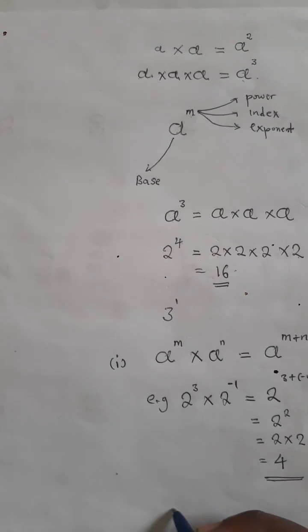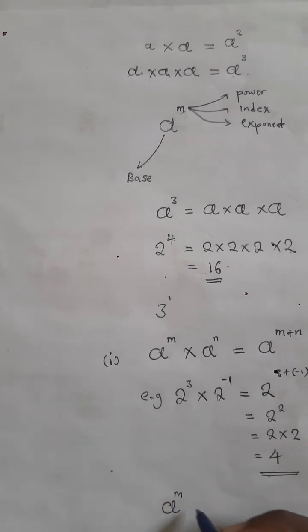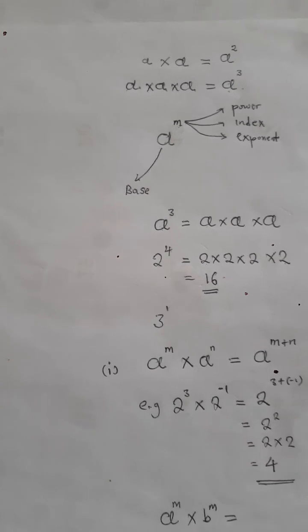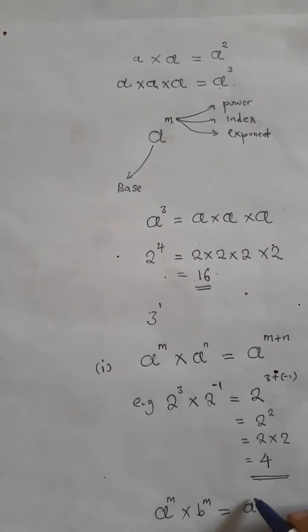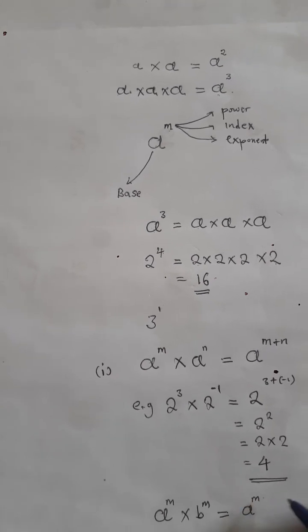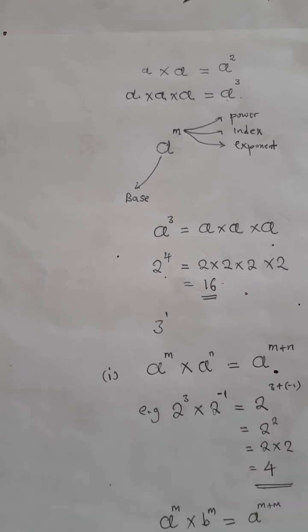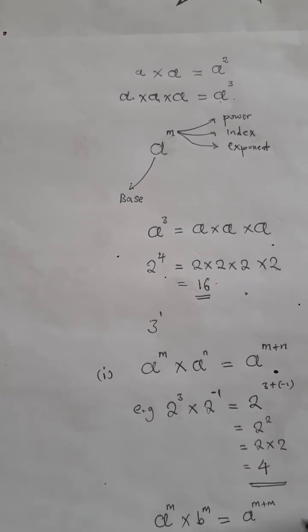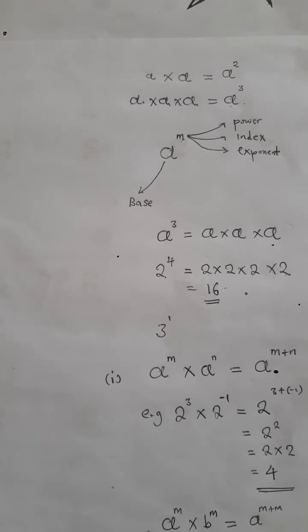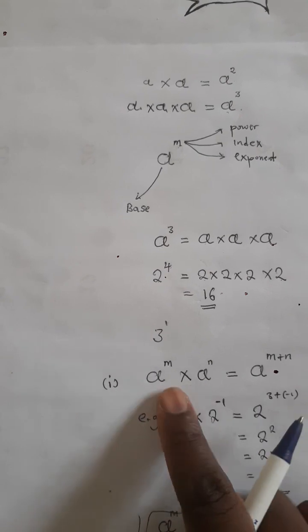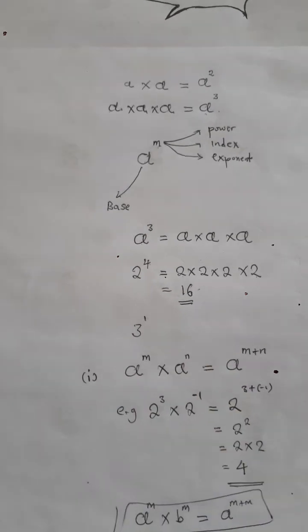For example, if I have a to the power m times b to the power m, this can never be a or b to the power m plus m. This doesn't apply. You only apply this law when the bases are the same.